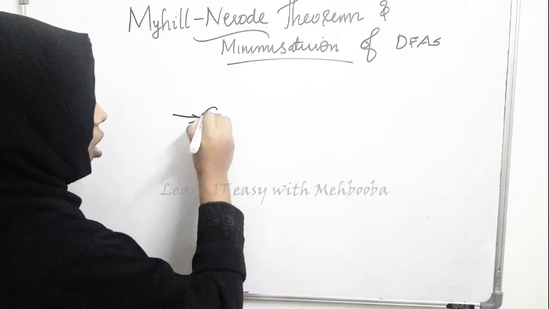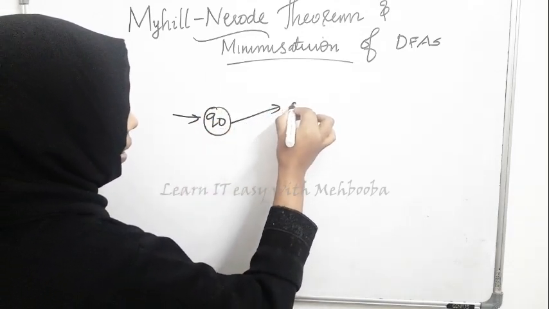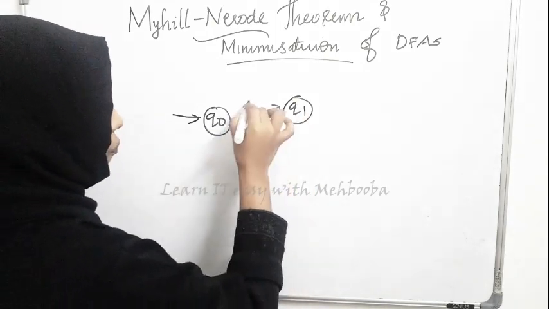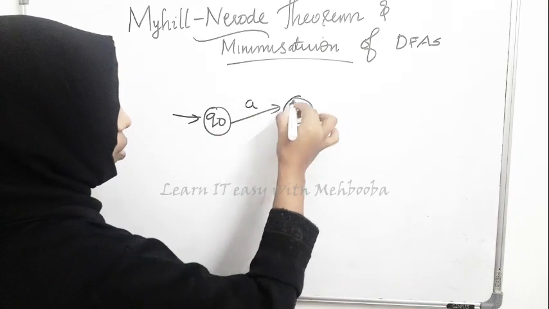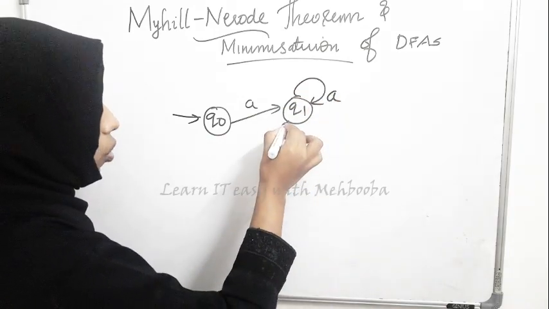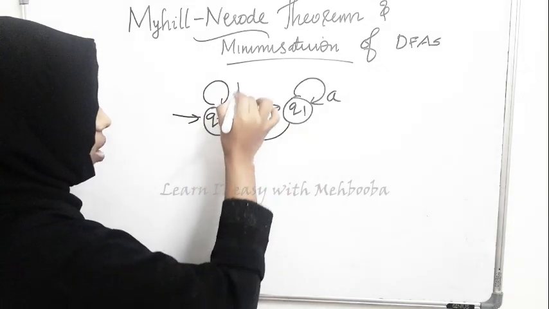For example, suppose we have the states Q0 and Q1 in a DFA. On A, Q0 is going to Q1 and Q1 is staying at Q1 itself, and on B, Q1 is going to Q0 and Q0 is staying at Q0 itself.